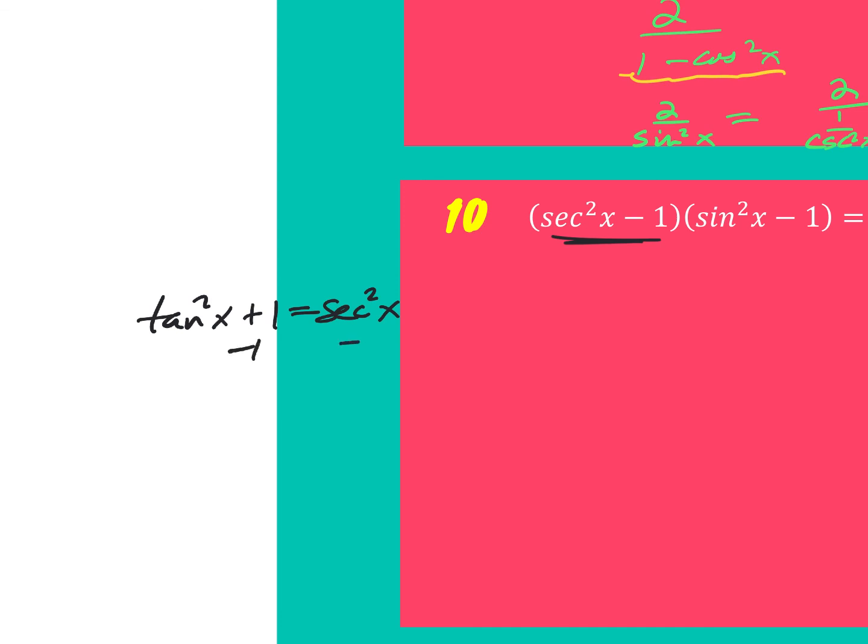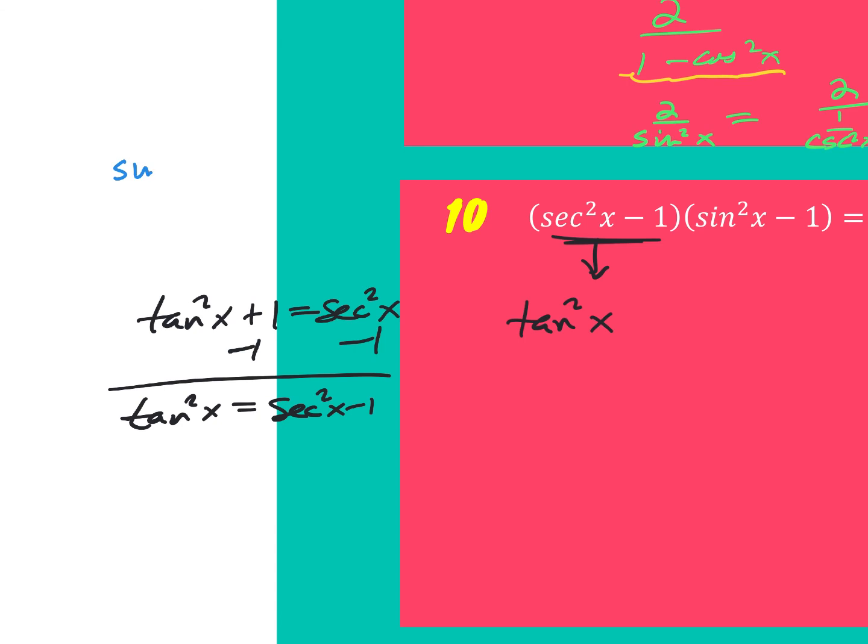I'm going to move the 1 over. So tan squared x is equal to secant squared x minus 1. So in here, I'm going to put tan squared x. And then I'm going to do, again, same one, sine squared x plus cosine squared x equals 1.